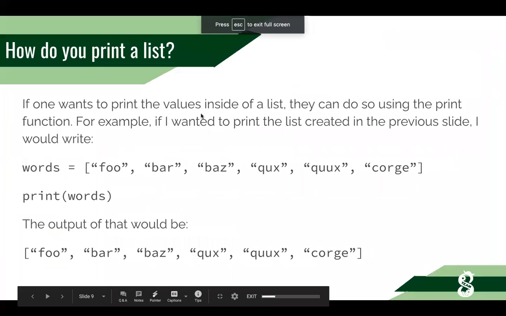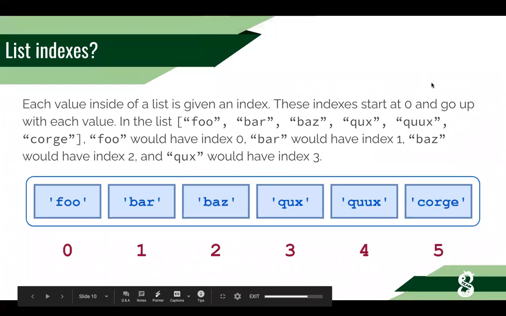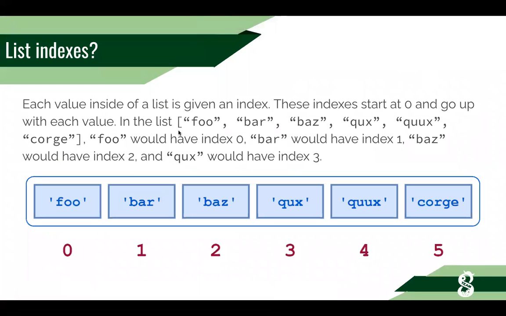All right, next slide. So lists have these things called indexes. Each value inside of a list is given an index. These indexes are whole numbers, and they start at 0 and go up with each value. So in this list, foo, bar, and so on, foo would have index 0 because it's at the start, bar would have index 1 because it's the second one, and baz would have index 2, and so on.